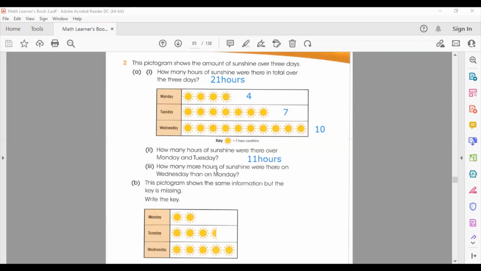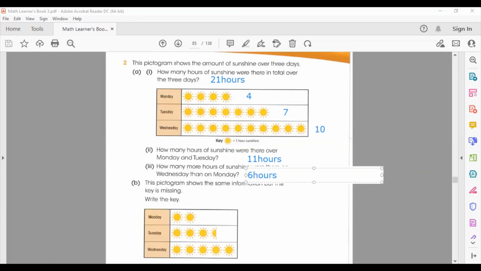How many more hours of sunshine were there on Wednesday than on Monday? Wednesday minus Monday, 10 minus 4 equals 6. So we can write here 6 hours.